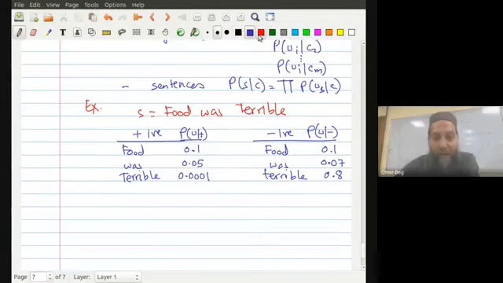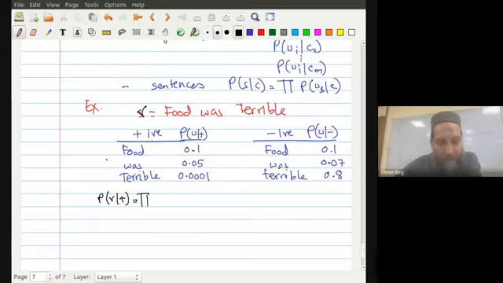And when we are actually calculating this through our naive Bayes model, this is our sentence, let's call it a review. We are calculating the probability of the review for the positive class.